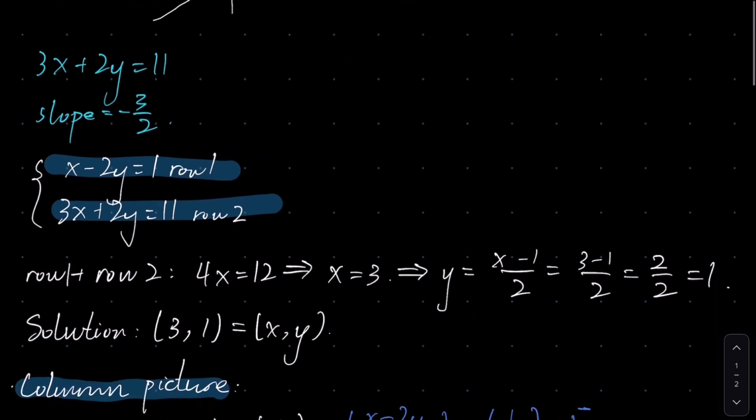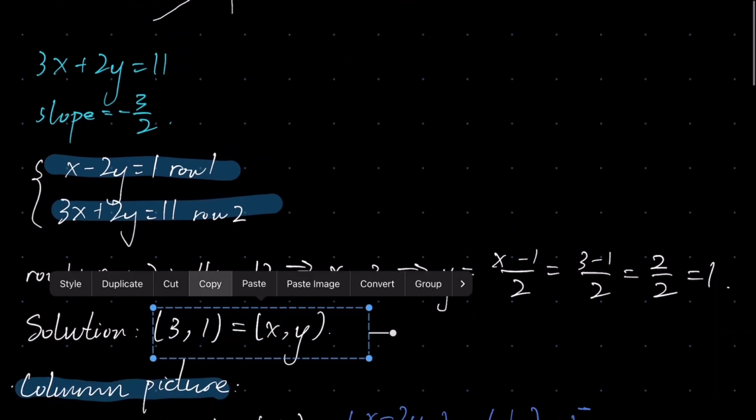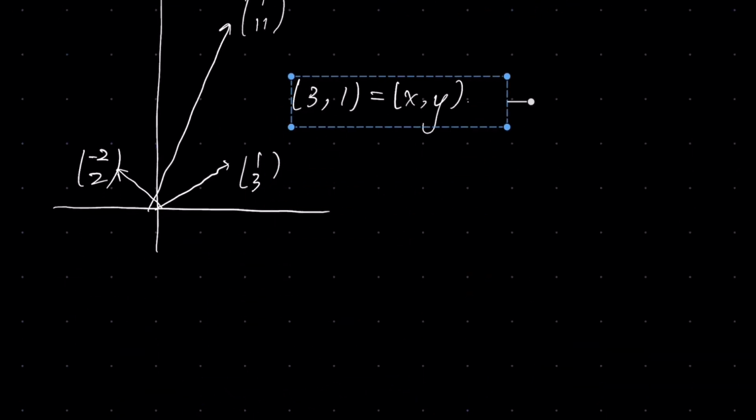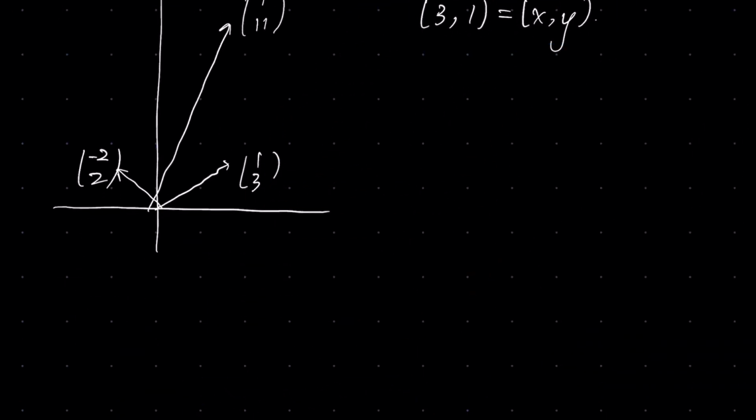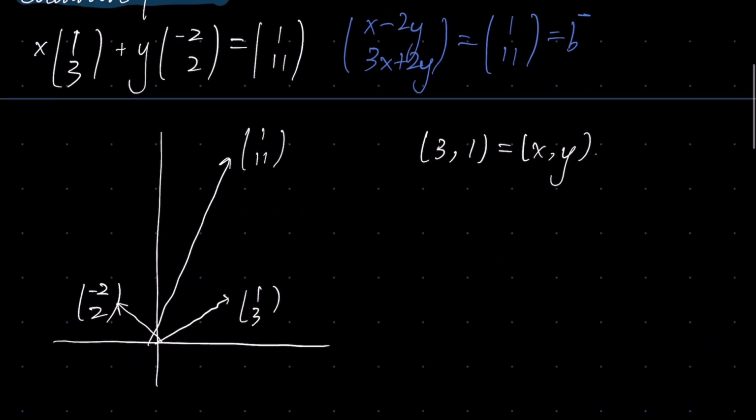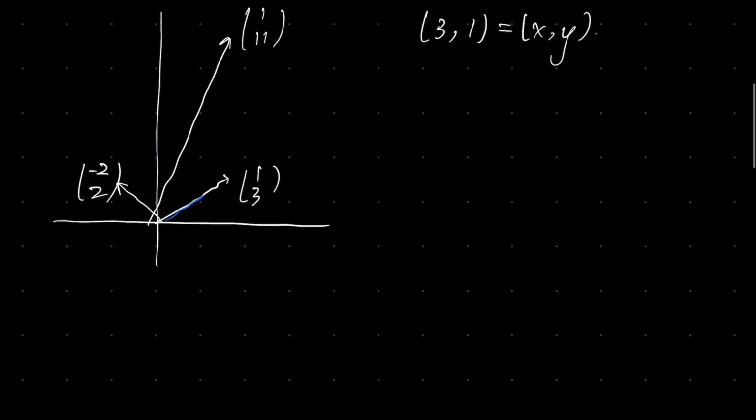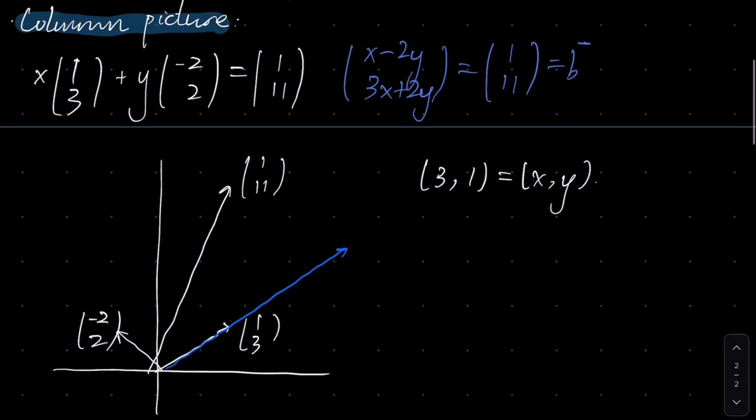So our solution is x = 3, y = 1. This means that our x over here has to be 3. And so we multiply this particular vector by 3, which is probably over here. And our y is 1, which means that we multiply (-2, 2) by 1.